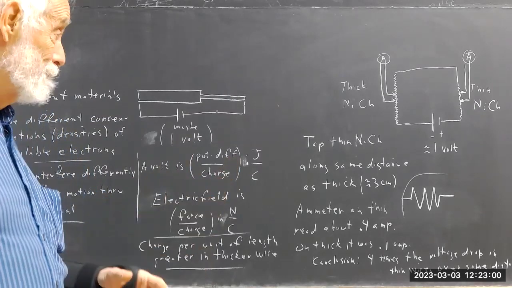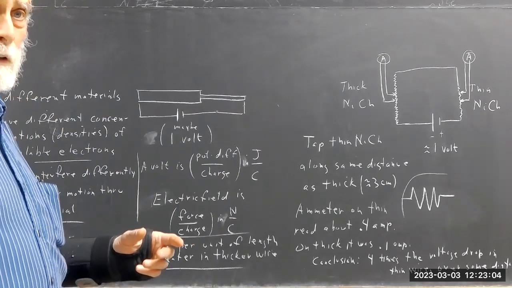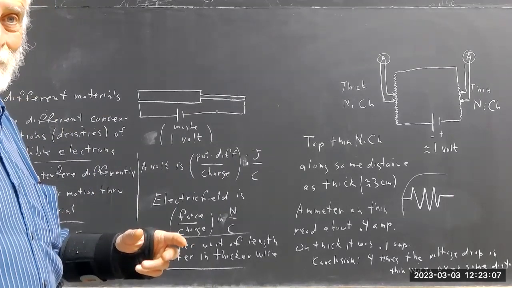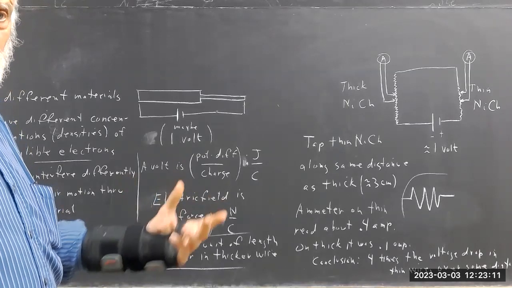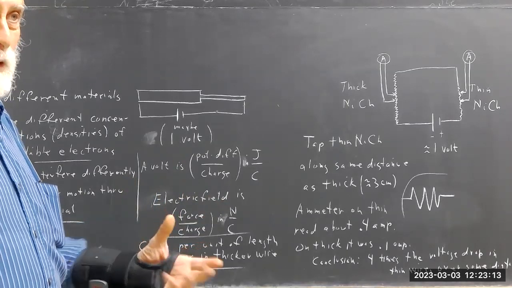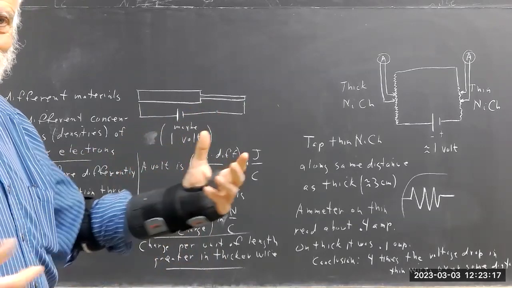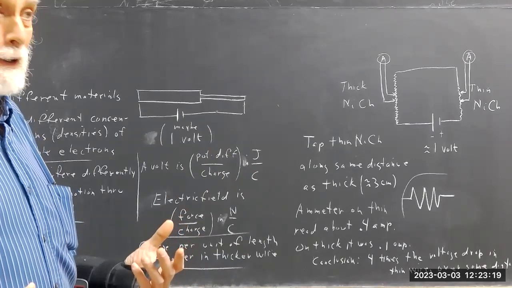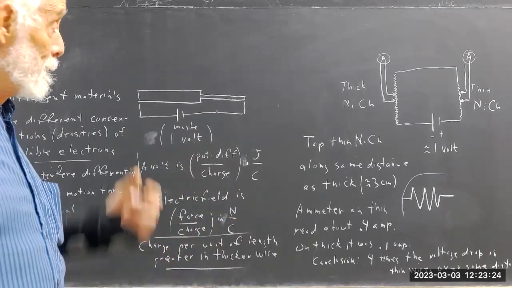And, you know, 1 amp's kind of enough to kill you if it goes through your heart. Actually, 1 amp might freeze you. 1/10 of an amp, I think, will kill you. 1 amp just freezes your heart. 1/10 of an amp just confuses the electrical signals in your heart, and it stops beating right. That kills you.